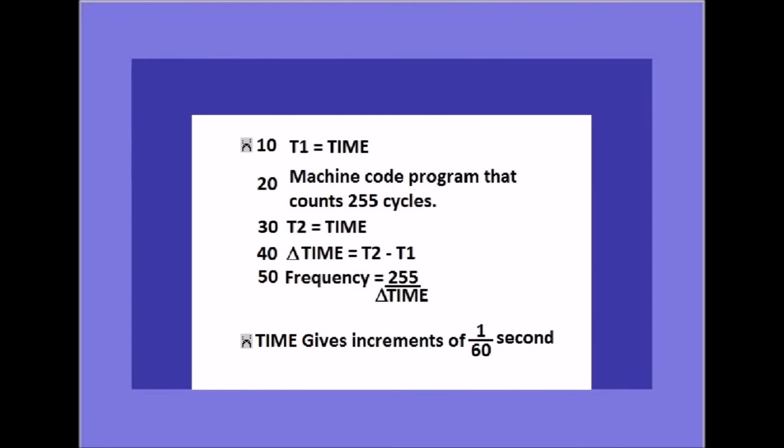And this here shows the concept of how the machine code was used. It was used inside a BASIC program. What this program does is it records the time as T1, runs the machine code, which counts 255 cycles, and then comes back from machine code, goes back to BASIC, records time again, and the frequency is obtained by dividing 255 by delta time.